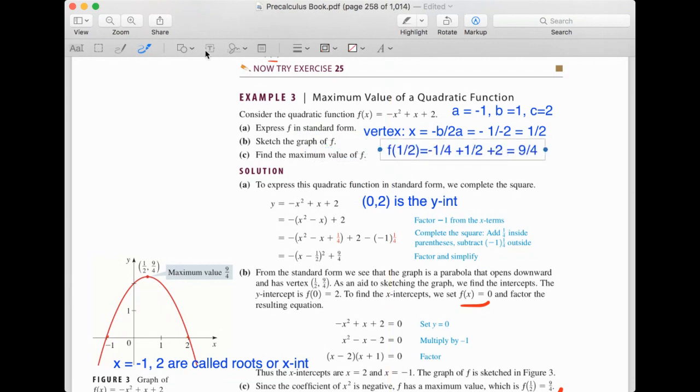Our vertex is half and 9 over 4. We can see from here, right? From here we also get a half and 9 over 4 by completing squares.